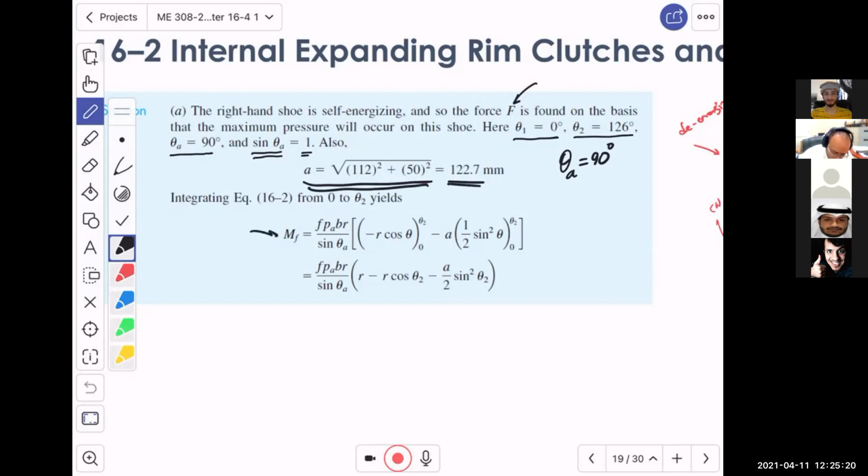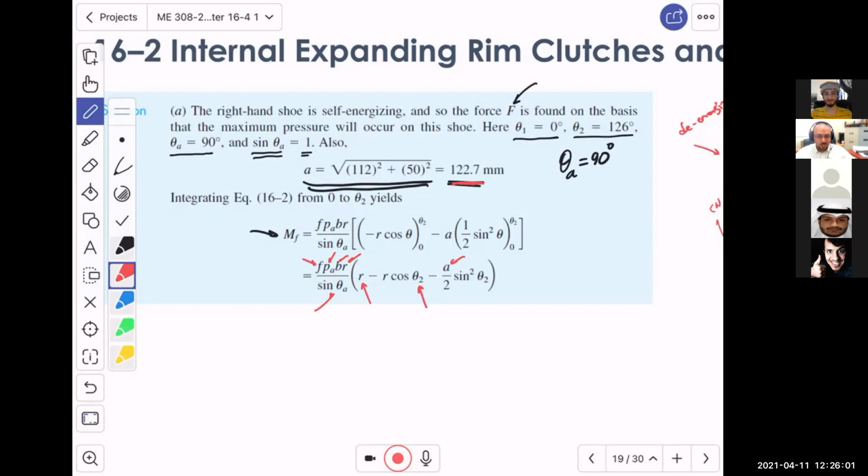The moment due to friction is equal to, as you see, the friction, which was 0.32, PA, 1000, P, which was 32 millimeter, and then R, 300 divided by 2, 150 millimeter, and then R again, 150, theta 2, 126, and A is 122.7. And that's it, you're done.